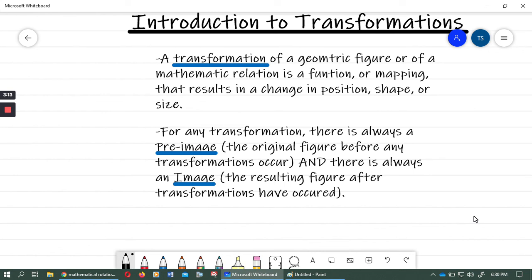We always see these commercials or advertisements where you see people who've had extreme makeovers, where you see this before picture and then this after picture, right? So your pre-image is like that before picture, before any transformations occur, and the image is like that after. You're like, whoa, I don't even recognize, is that even the same person? Well, that's the whole point of a transformation, right, folks? It may not look the same, right?